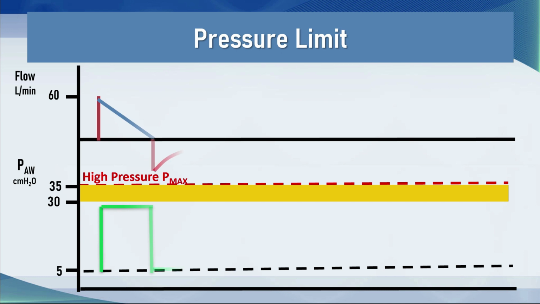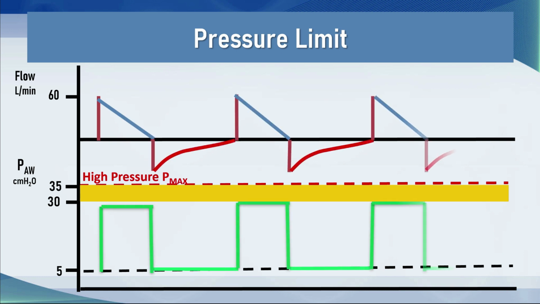So when the patient starts getting the volume guaranteed pressure control breaths, that pressure limit is as far as the ventilator will go. And you can see here I've put up 3 separate breaths. The first breath doesn't reach the pressure limit. The machine is able to generate that tidal volume within the window between PEEP and the pressure limit. The second and third breaths just impinge on the pressure limit.